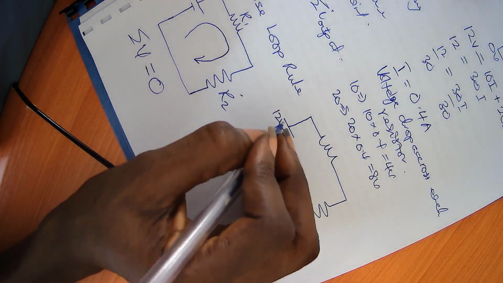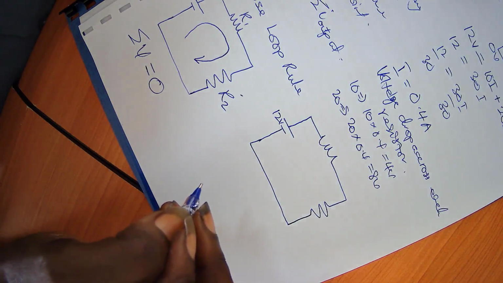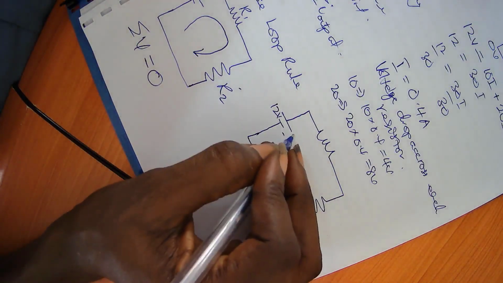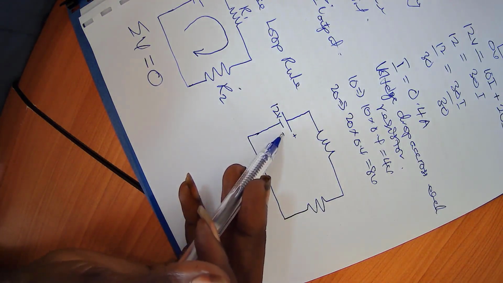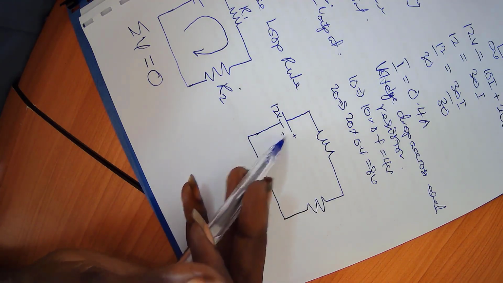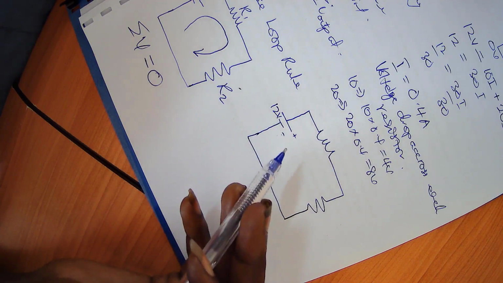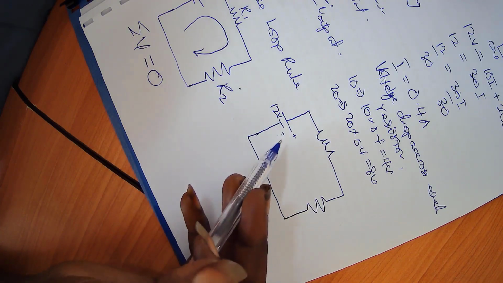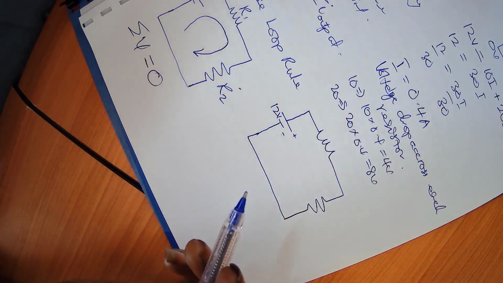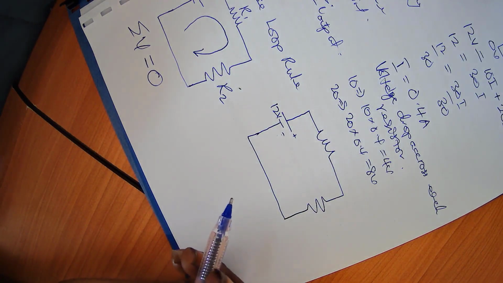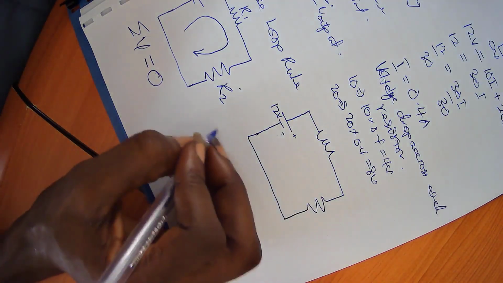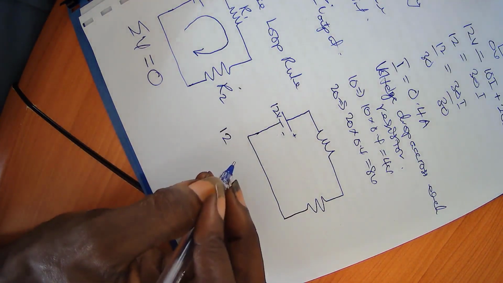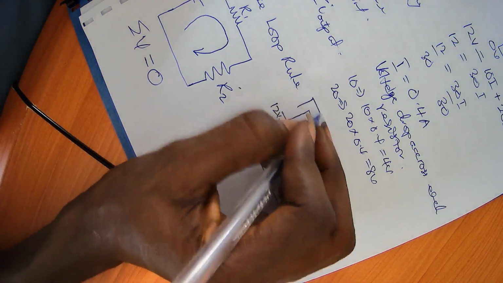Here is 12 volts, here is negative, here is positive. Whenever we are moving from the negative to the positive, our voltage is increasing, so here we will take our voltage to be positive 12.